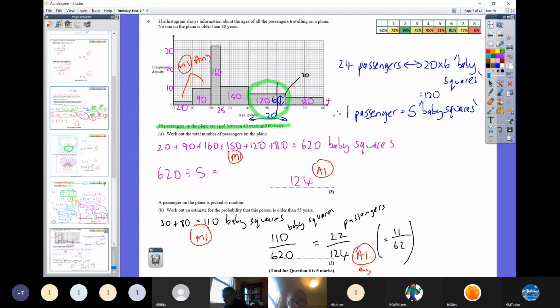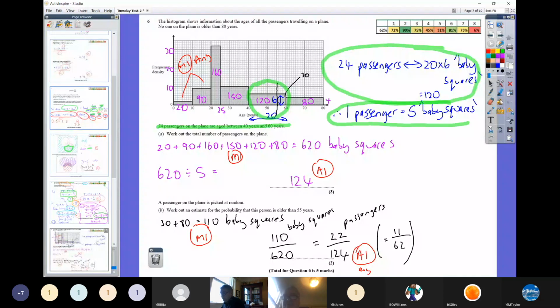So there's 120 baby squares there. So I know, this is me breaking the code, that 24 passengers are represented by 120 baby squares. Dividing by 5, I can see that each passenger is worth 5 baby squares.